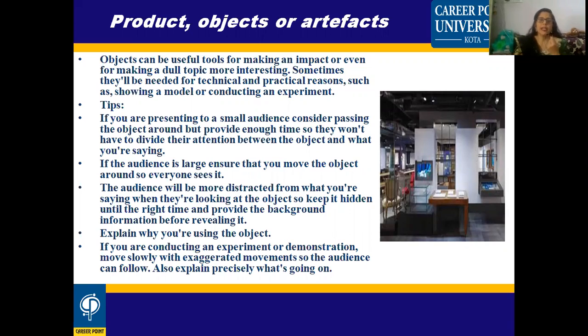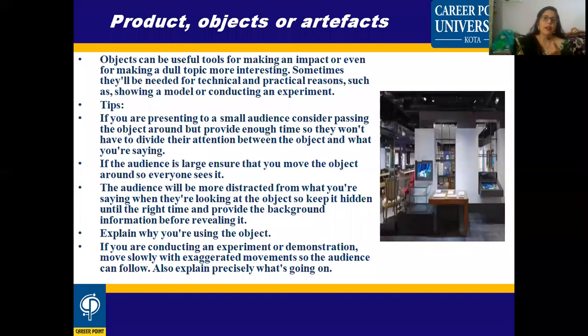If you are conducting an experiment or a demonstration, then you need to move a little slowly with gradual movements, so that the audience can follow precisely whatever you want to explain to them while the product or the object or the artifact is being circulated. This should never happen: you have circulated an object, but you have already moved on to another point.